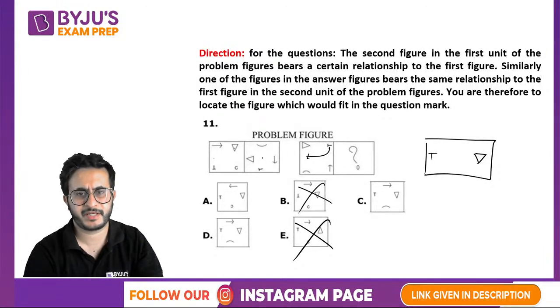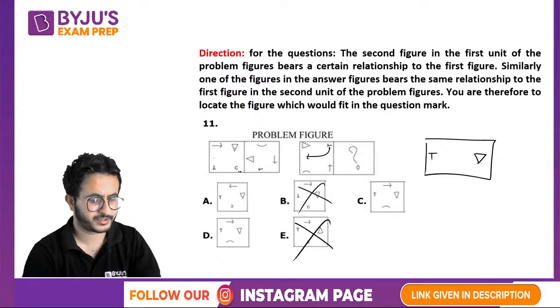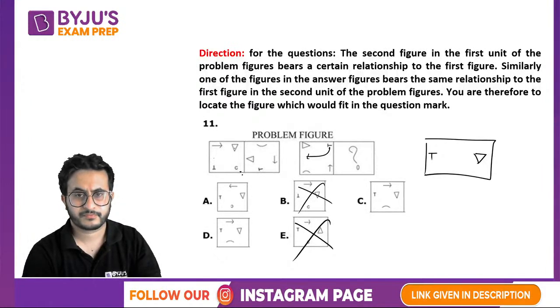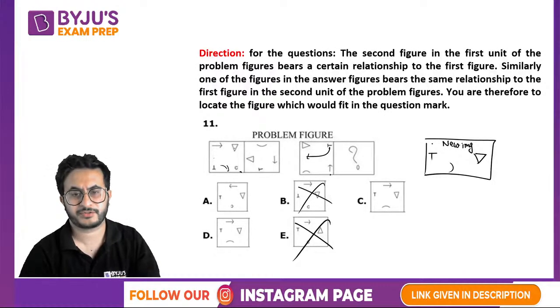Arrow should be replaced by a new image. See, C is changed to a new image, right, which is not present. So arrow should change to a new image which is not present. Okay, and this got rotated by 90 degrees like this, and this should be like this, and some new image should come like this. That should be the actual answer.